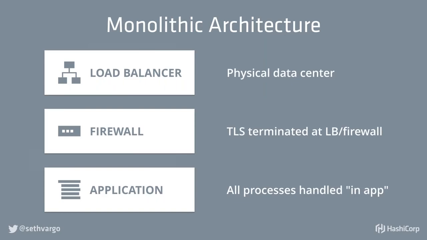So there was no multi-process communication. The database, everything was on the same physical server. You had physical control over that data center. And again, there's no external processes or communication. In this architecture, the biggest security risks are physical machine access, someone actually breaking into the data center, bad code, code exploits, kernel exploits, and humans making physical mistakes.